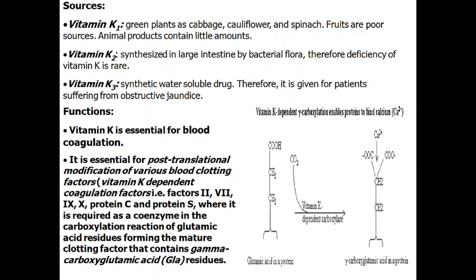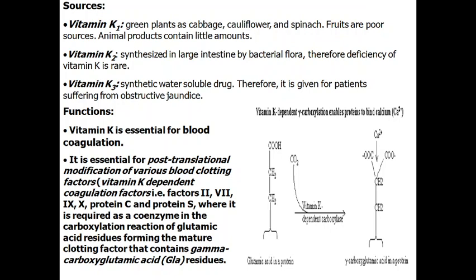Factors 2, 7, 9, and 10 are procoagulant coagulation factors, whereas protein C and protein S are anticoagulant vitamin K dependent proteins.